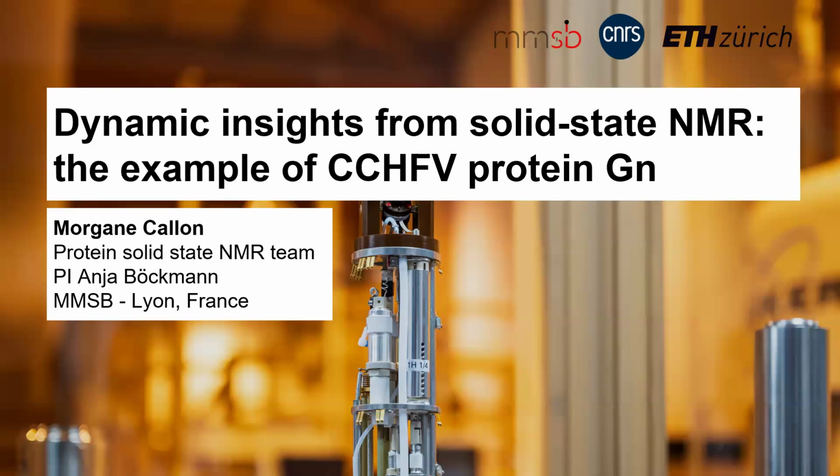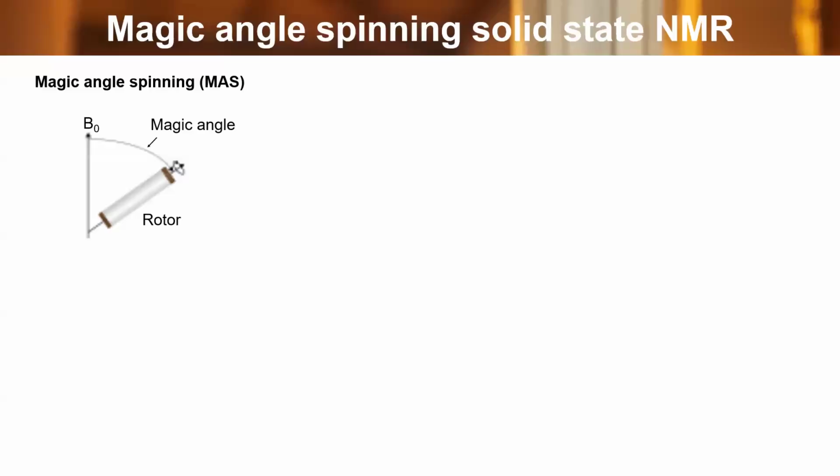First, you are all familiar with solution state NMR, but maybe not all of you are familiar with solid state NMR. So I just want to give you a very brief overview. In the solid state, we are using rotors. You see here, it's our protein containers where the proteins are sedimented. And these rotors are placed in the spectrometer at an angle of 54.7 degrees with respect to the magnetic field.